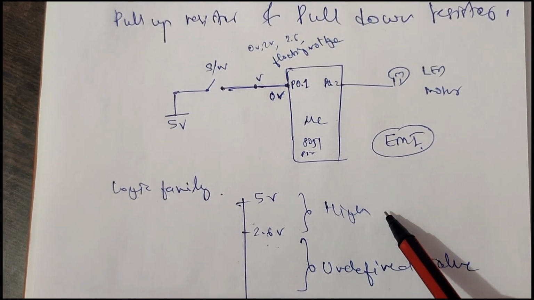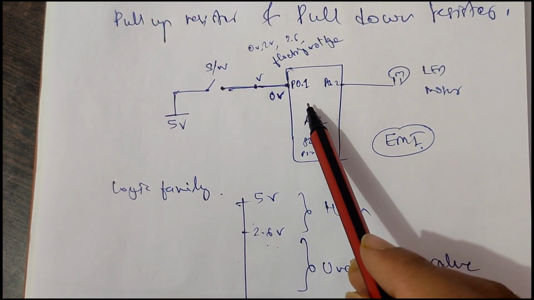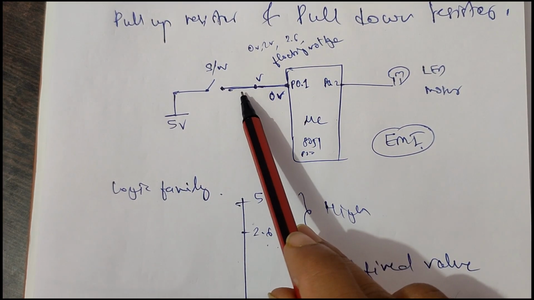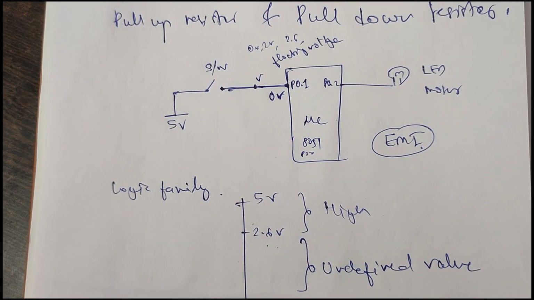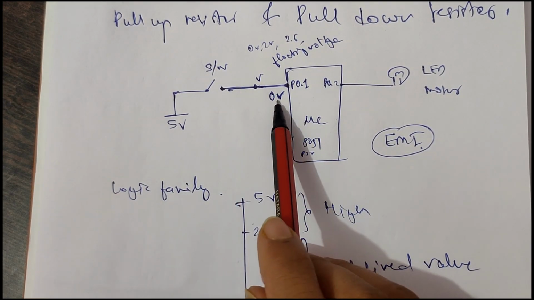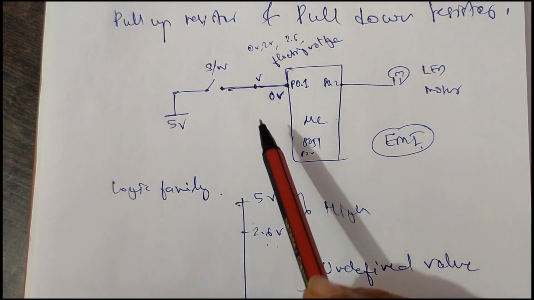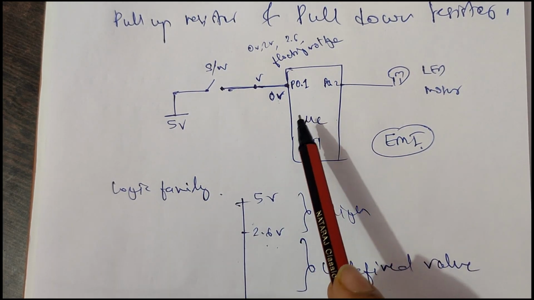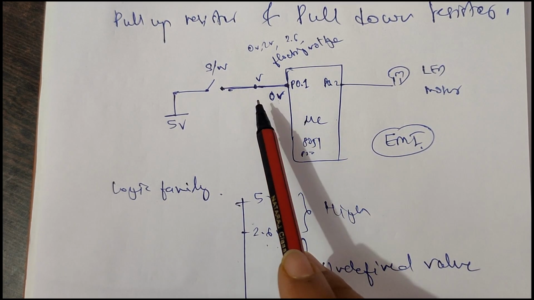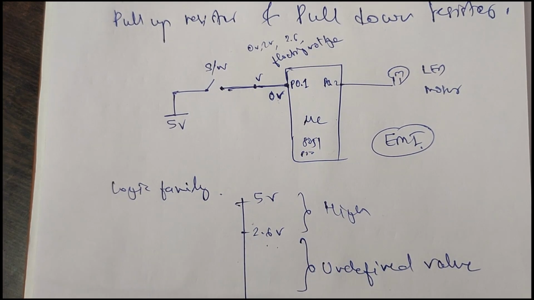So the program will malfunction, because I am programming for 0 volt here, but due to EMI I am getting more than 2.6 volt and triggering the pulse. Our microcontroller is so fast that it will detect this high and perform an operation.